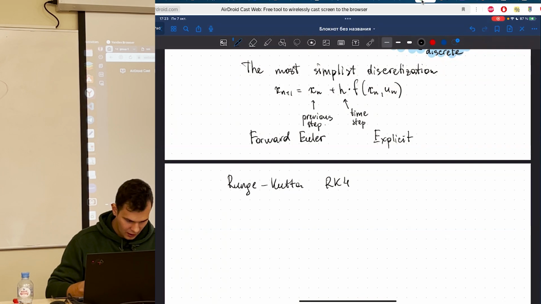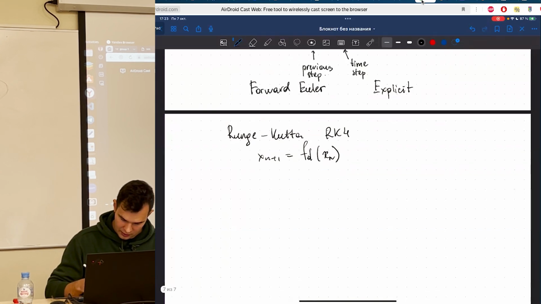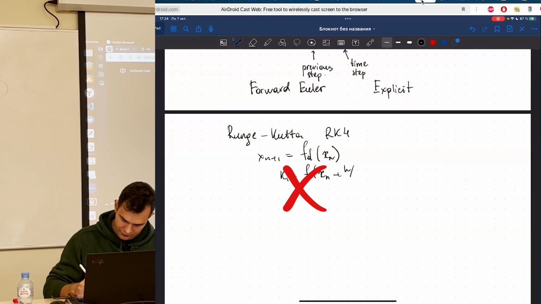In general form, x n plus 1 equals f d, which depends on xn for the passive system. And in order to compute it, we need some coefficient k1, which is equal to f xn plus half of a time step, k1.